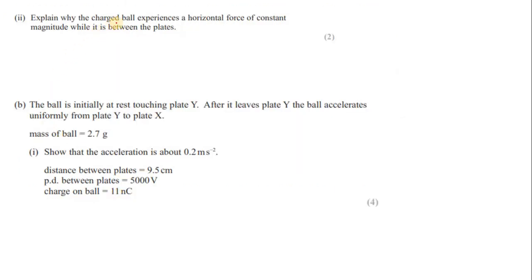Explain why the charged ball experiences a horizontal force of constant magnitude while it is between the plate. The force experienced by the charged ball is F, which is F is equal to EQ. This is the definition of electric field intensity.